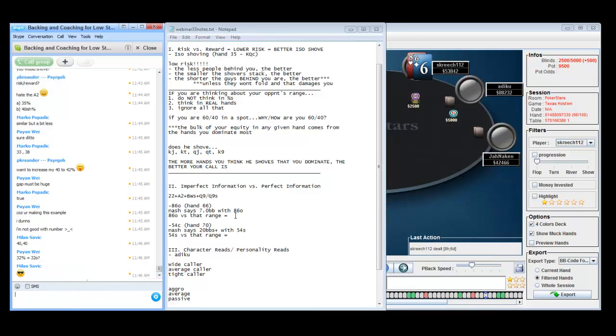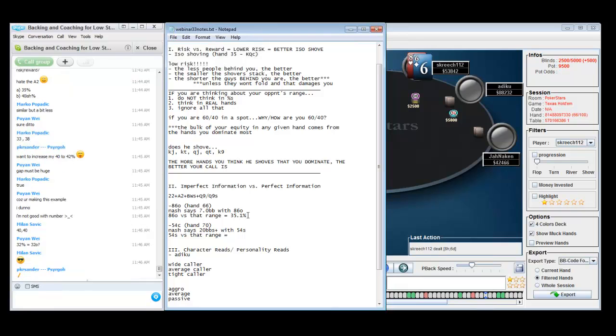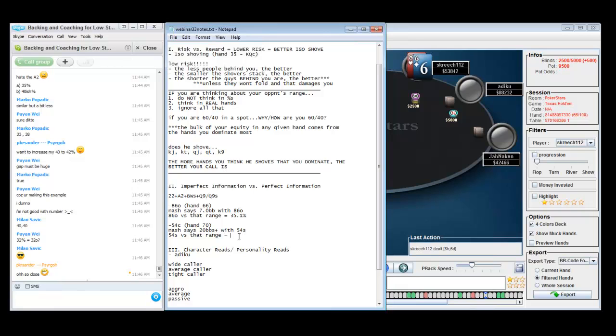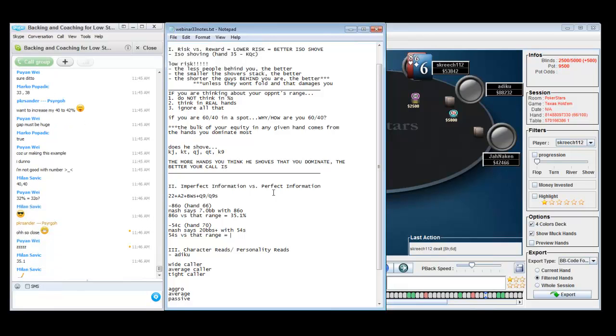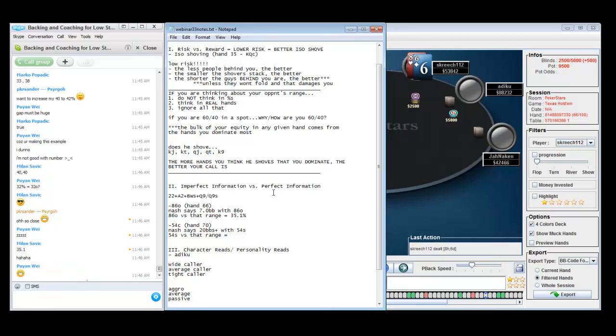I'll give you a hint. This is the exact edge for this hand. What's the edge for this? He says it's the same. So Sander thinks 42.